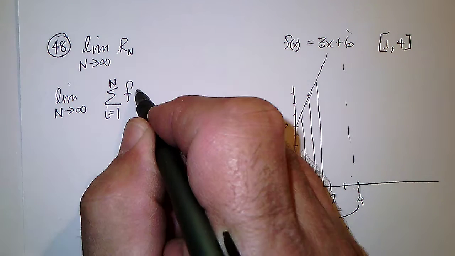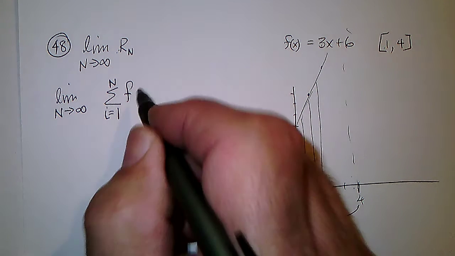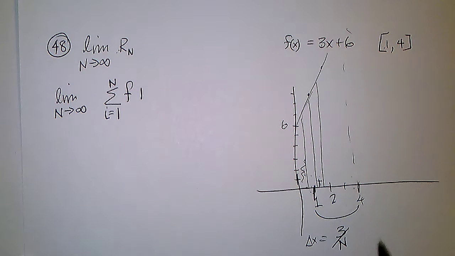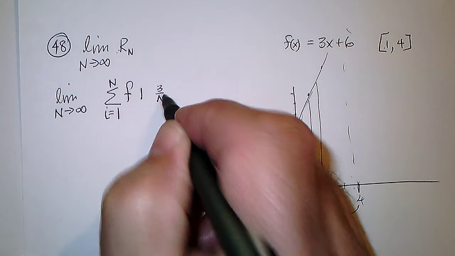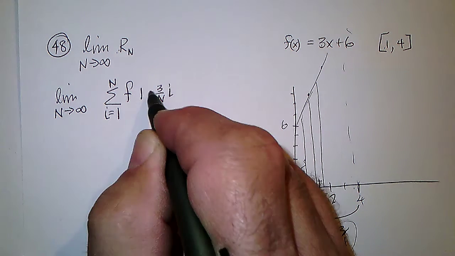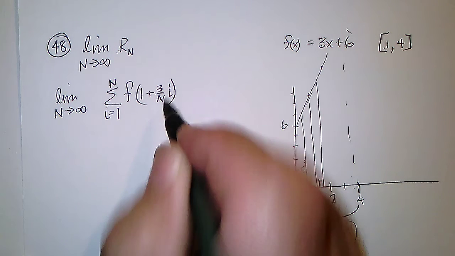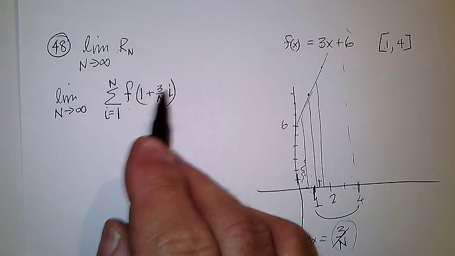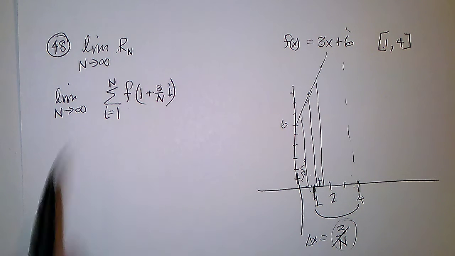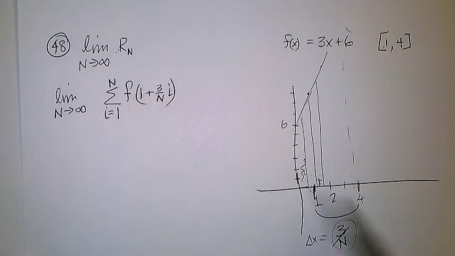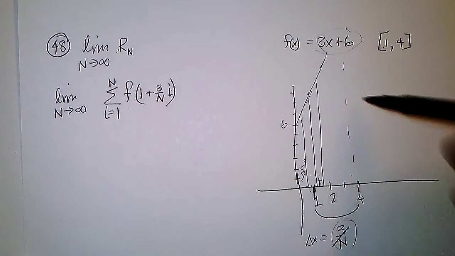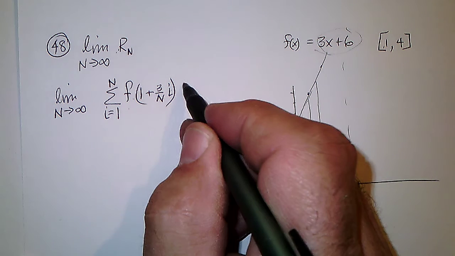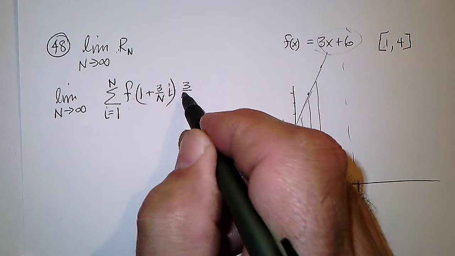So that's going to be starting at 1, but jump over a change in the interval of 3 over n. And I'm going to do that once. Then I'm going to jump 2 times, then 3 times, and then 4 times. I'm going to keep adding delta x's. So I'm going to plug those into this equation. And that'll be the heights at the right side. And I've got to take them times the width, which is 3 over n.